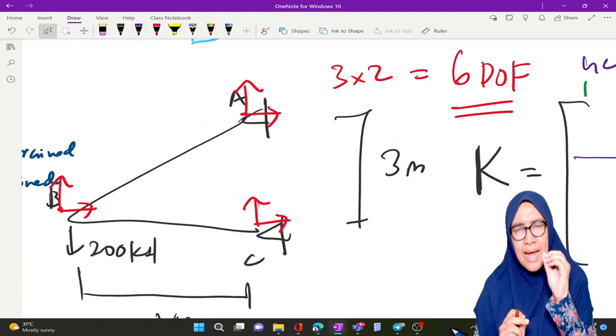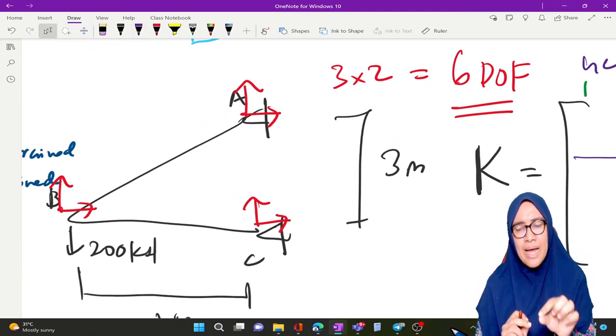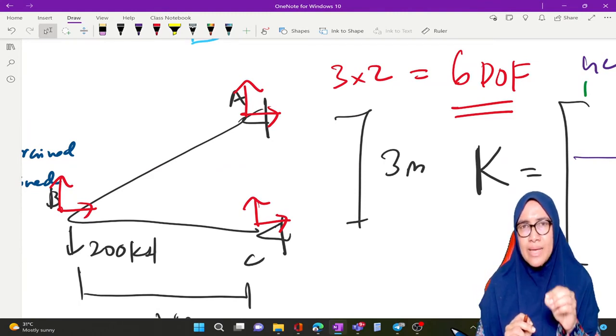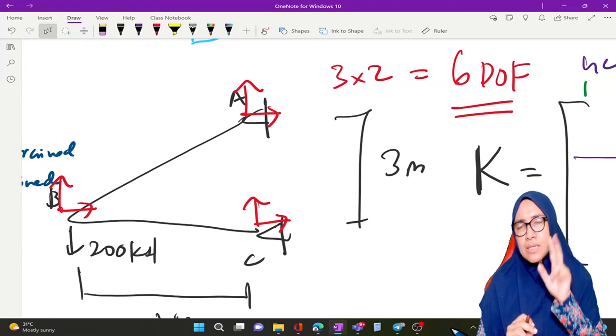If we analyze this truss by looking at the support, how many supports?